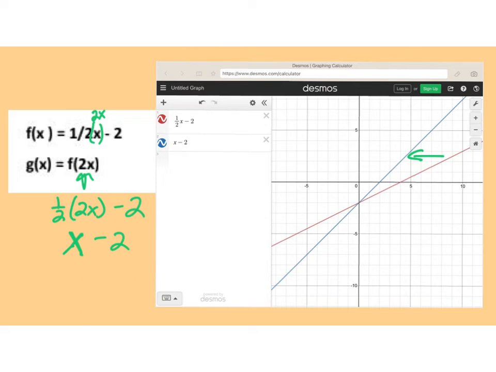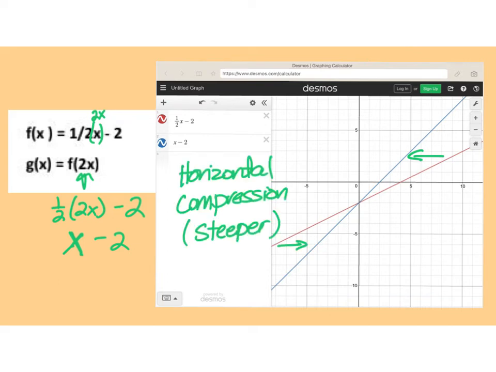I know it's very tricky, so this became a horizontal compression, or more steep. I know it's yucky, but again, it's inside the parentheses, and I'll show y'all a trick to help you remember if it's exactly what you think it is or not.